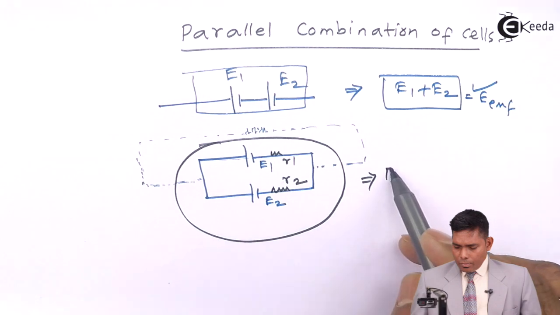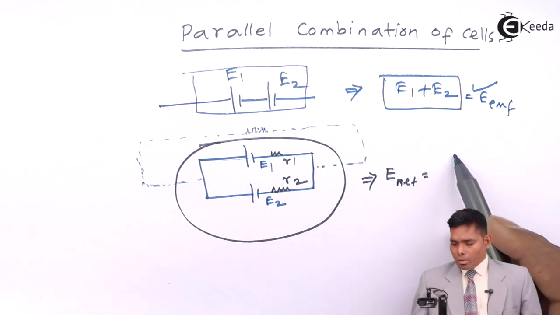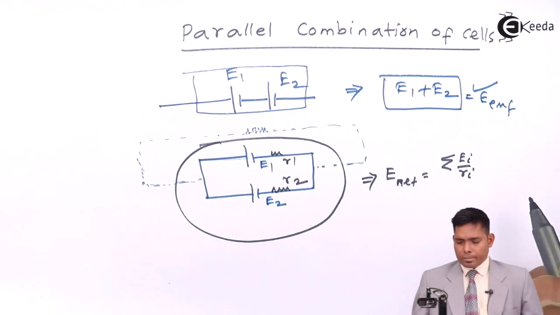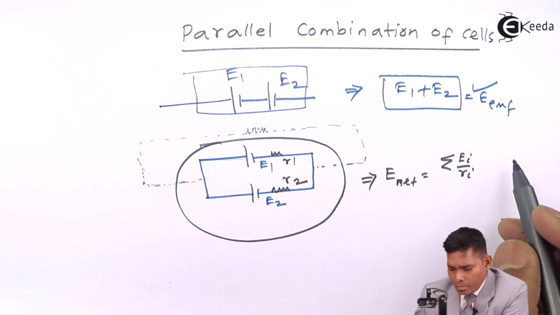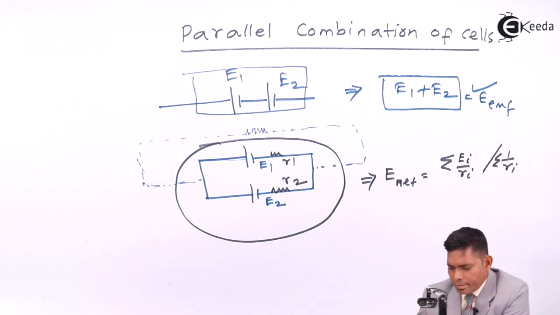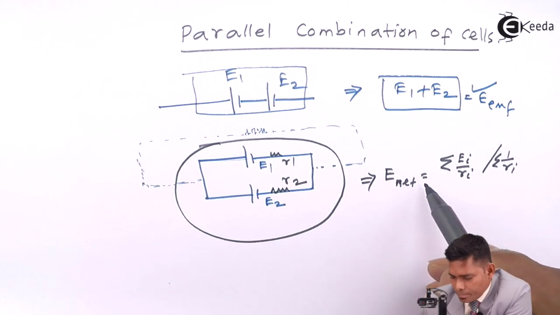So the net EMF is the sum of Ei by Ri divided by sum of 1 by Ri. This is the formula that we are going to use for net EMF.